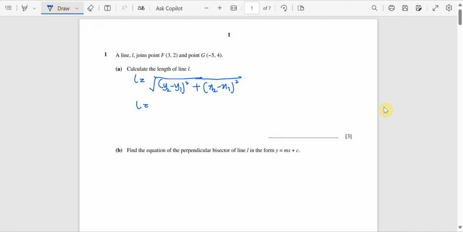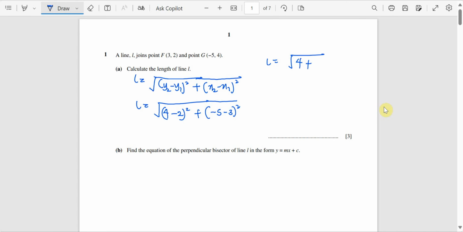So L equals the square root of (4 minus 2) all squared plus (-5 minus 3) all squared.